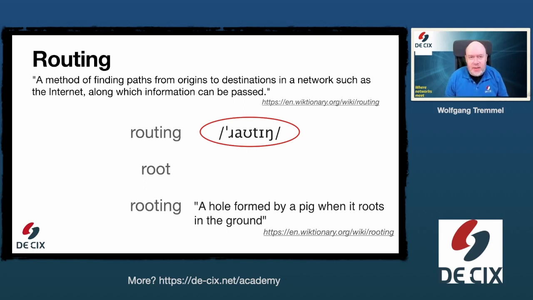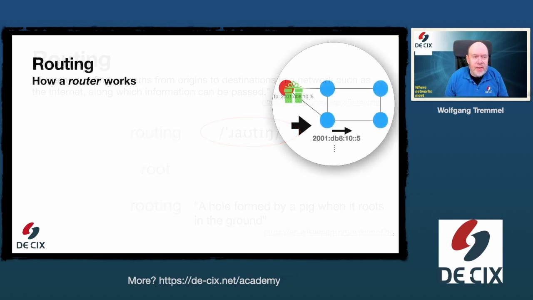So let's talk about routing. And let's talk about routers, because those are the devices that do the routing. All IP packets, like I mentioned in the last presentation, have a destination IP address. And this is all the same for IP version 4 and IP version 6.